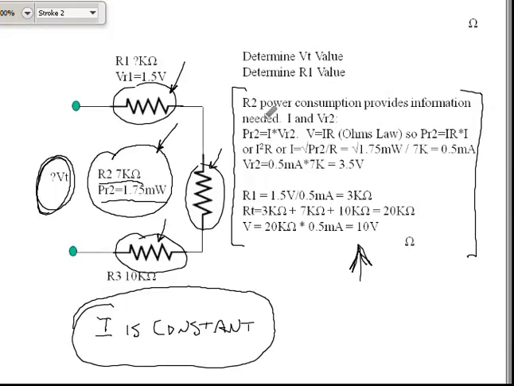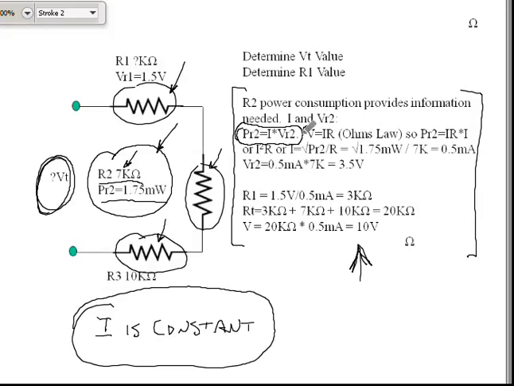But in this case, because for R2 we have the most information, we can use the power equation, along with the resistance, to calculate current. So the power at R2 is going to equal the current times the voltage at R2.